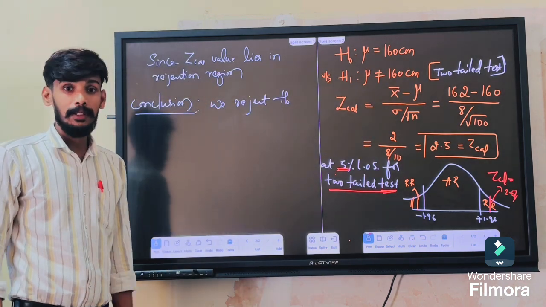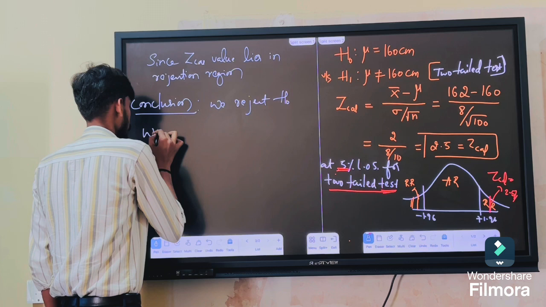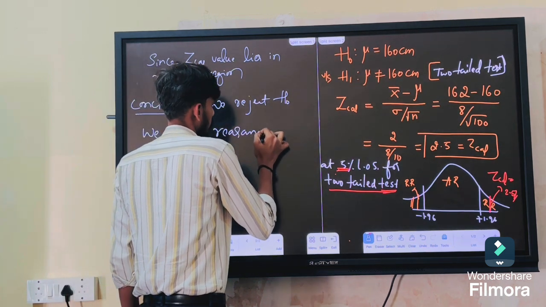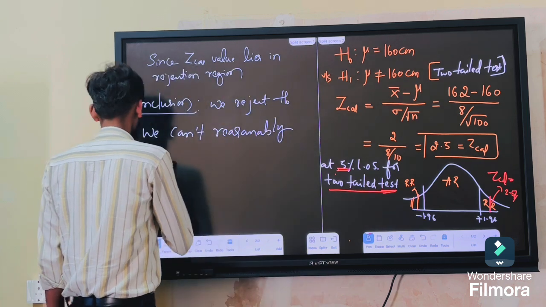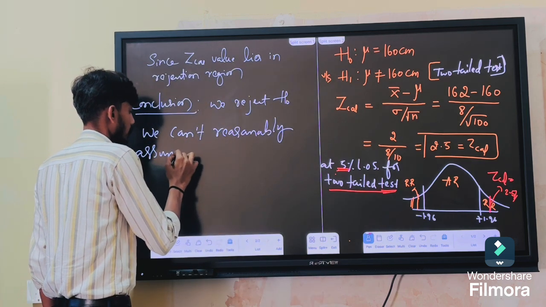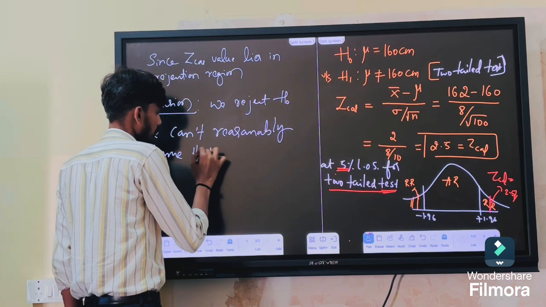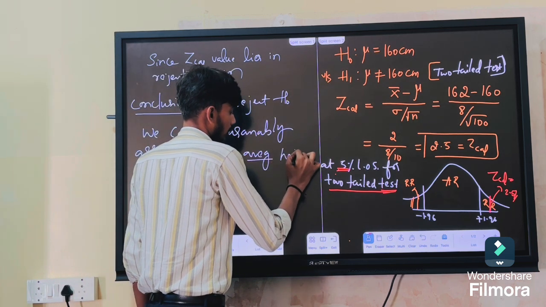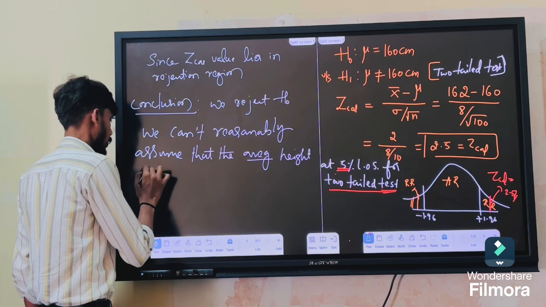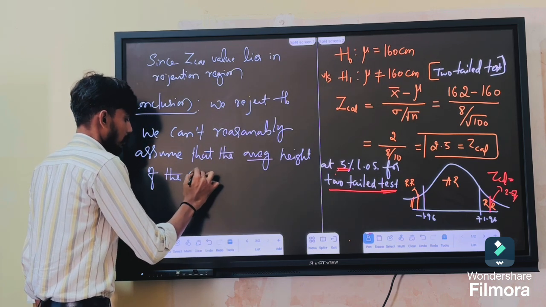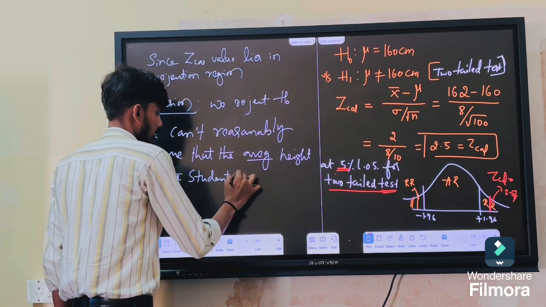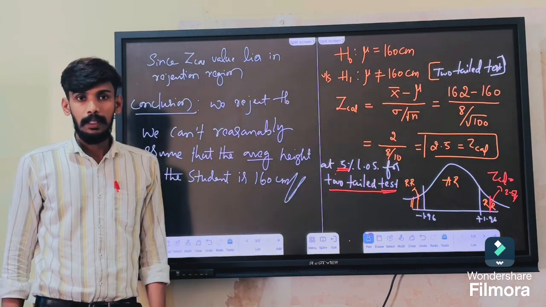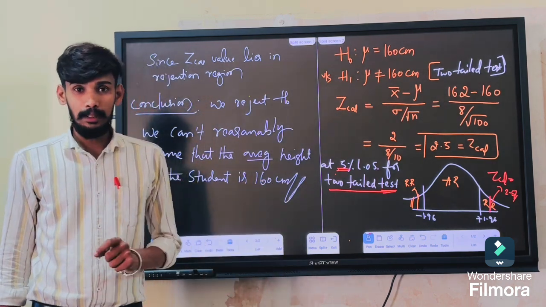Since we are rejecting H naught, the conclusion is: we cannot reasonably assume that the average height of the student is 160 centimeters.